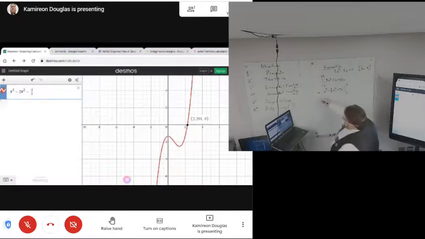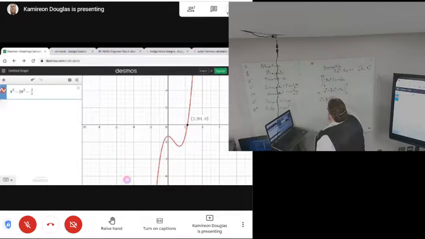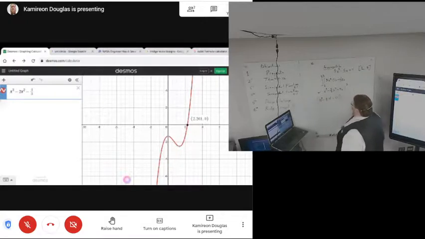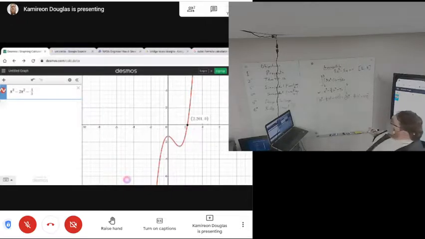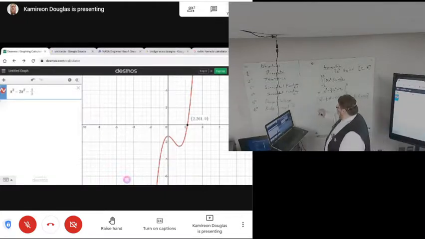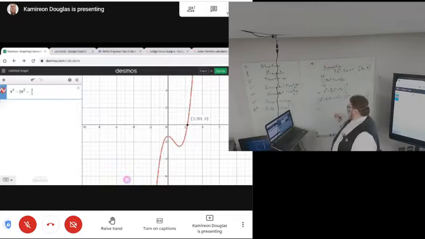So 5 cubed minus 5 halves times 5 squared plus 4 times 5, minus, plugging in 2, 2 cubed minus 5 halves times 2 squared plus 4 times 2. Alright, this will determine the average. Okay, 5 cubed minus 5 halves times 5 squared.